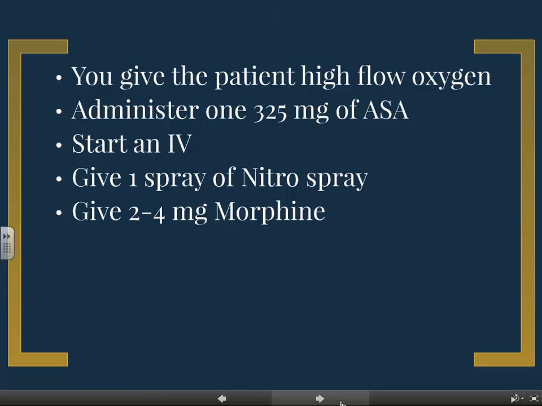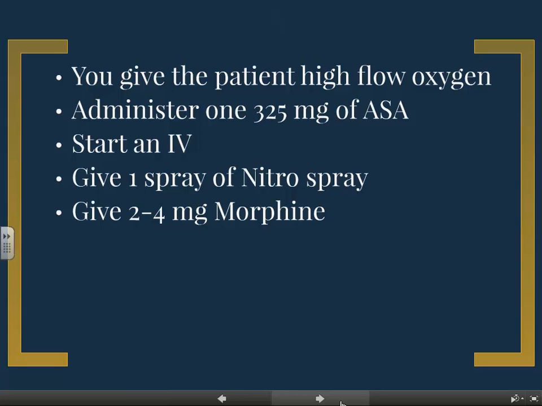Nitro. All right. So what did you say, Bo? I said if you suspect an MI that's inferior, we definitely need to consider the administration of nitro, but we need to consider the fact that it is an inferior MI because we're looking at the bottom part of the heart, the right side, that area of the heart, it's going to depend on preload, all right, and we need to get this fluid up.